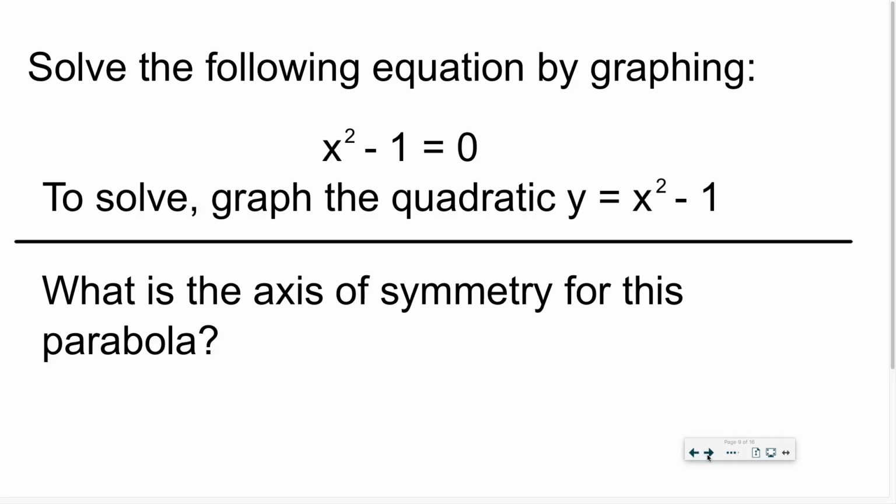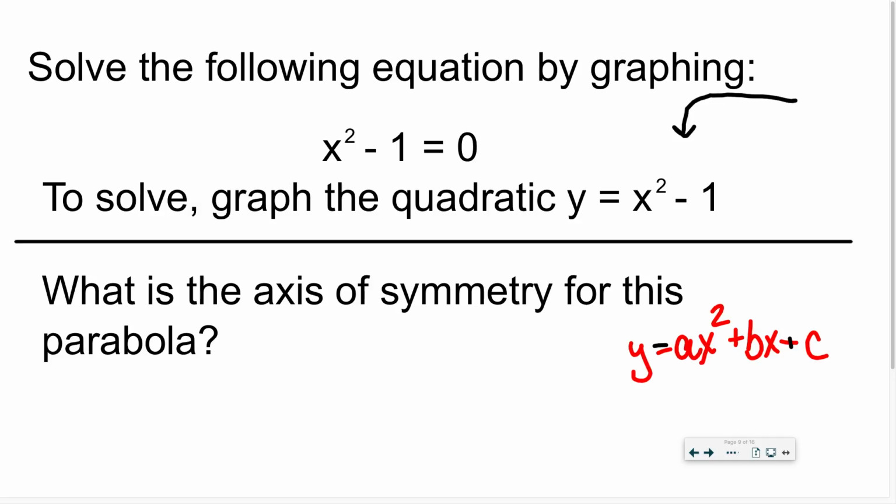If I have my format for a quadratic, which term determines my axis of symmetry? The middle term. So where is that here? I don't have that middle term there. So when we first started graphing the quadratic, if we didn't have that middle term, where was our axis of symmetry?